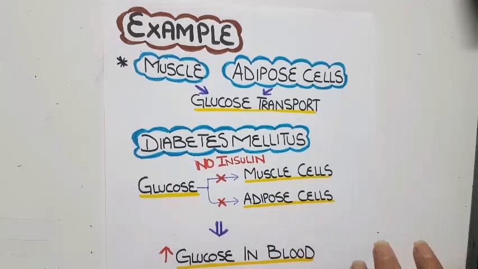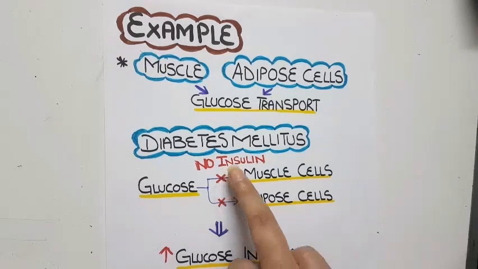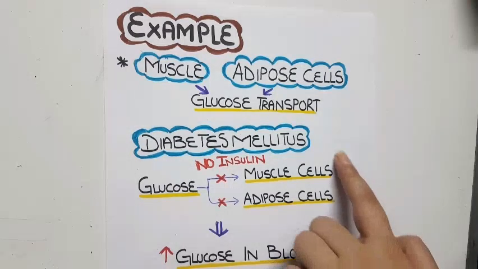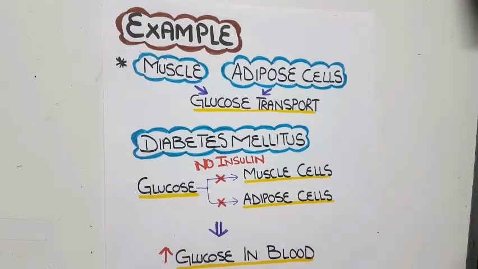The role of insulin here is that it activates the carrier proteins which are required for the facilitated diffusion of glucose into these cells. Since there is no insulin, there will be no activation of those carrier proteins, and eventually there would be no transport of glucose into cells, and its level rises in the blood, resulting in this condition which is called diabetes mellitus.